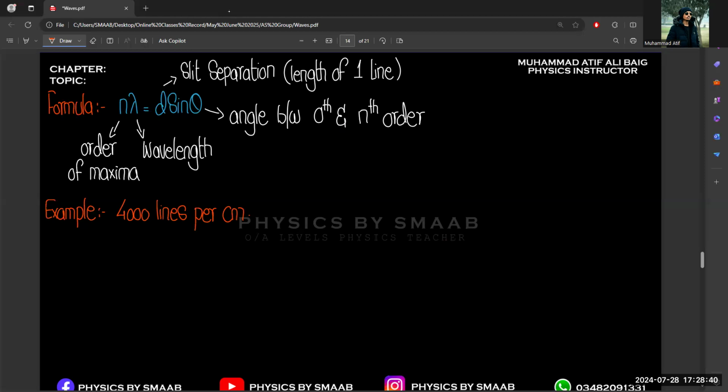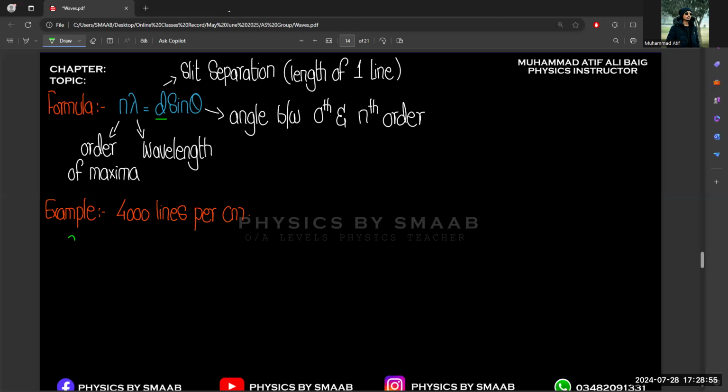So in this way, you will get the values. So what do we have to do? The important thing we are going to discuss here is how to find the value of d, because this is a new quantity that we never discussed before in the Young's double slit experiment.